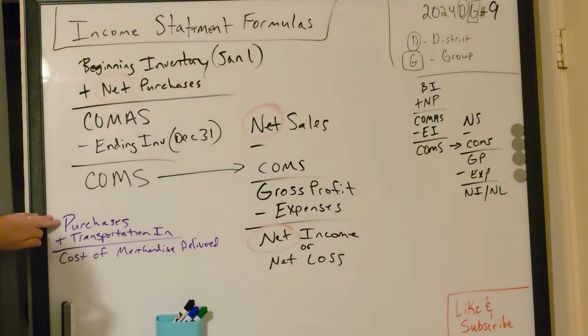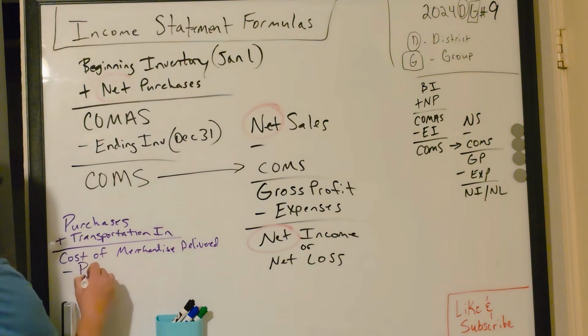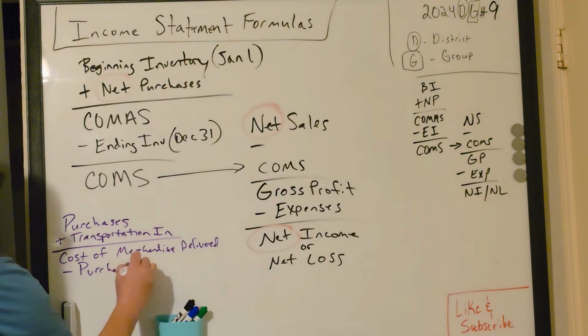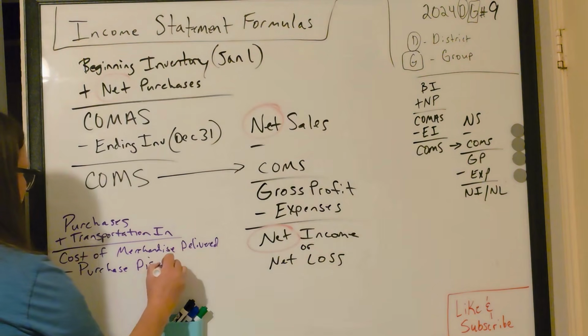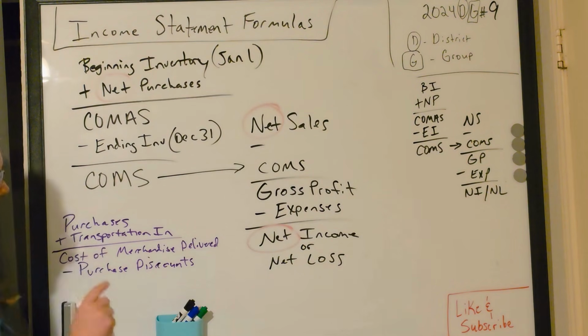Okay, so what we pay for the merchandise plus what it takes to get it there to us, that's the cost of merchandise delivered. Minus any purchase discounts. This is if the vendor offers discounts to us. Remember, purchases is when we're purchasing from the vendor. So if they give us discounts, usually because we pay them early.